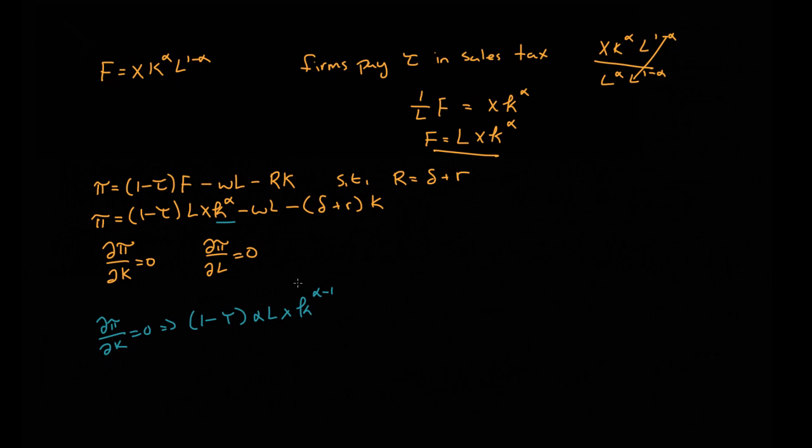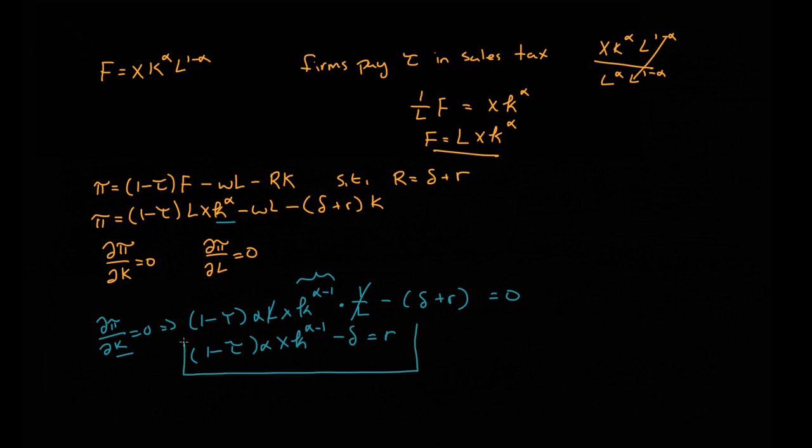This is an inside-outside situation because little k has a big K inside, and we're doing derivative with respect to big K. So chain rule gives us a 1 over L. And then WL goes away, and the K at the end goes away, so we'll have delta plus R. And set all that equal to 0. This L and this L will cancel, so we're going to get 1 minus tau alpha x k alpha minus 1 minus delta equals R. And that's our first optimization behavior of the firm.